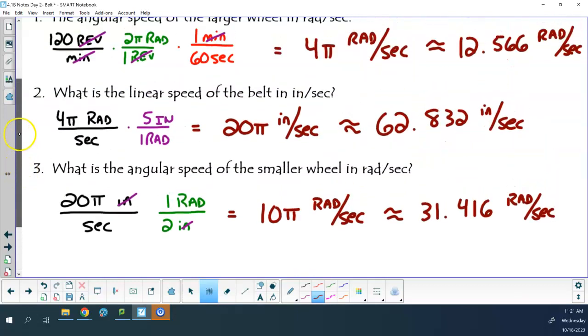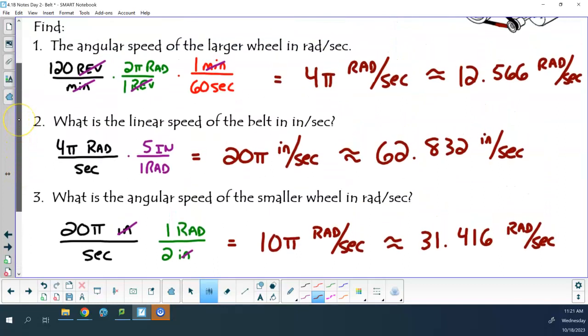So it is spinning much faster than the larger wheel, which makes sense because they're connected. They're not independently spinning. They are spinning together, so the bigger one is spinning at a rate, and the smaller one has to spin faster to match up with that same linear speed.